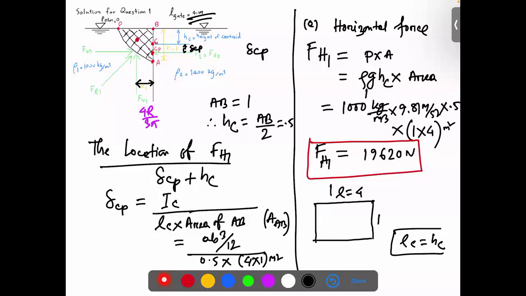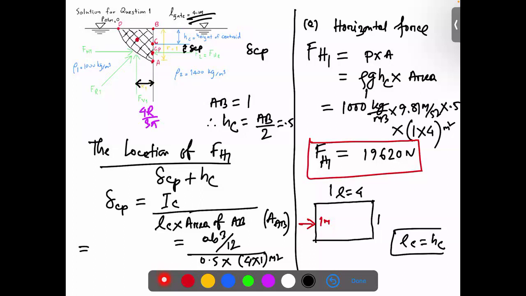So what I'm going to do, this is 1 meter and the force was acting this way. So this is 1 meter. If you see the force is acting this way, it will always be the cube term, AB cubed over 12. It will be the cube term, especially when it's the second moment of inertia. You know this, so I'm just writing it here.